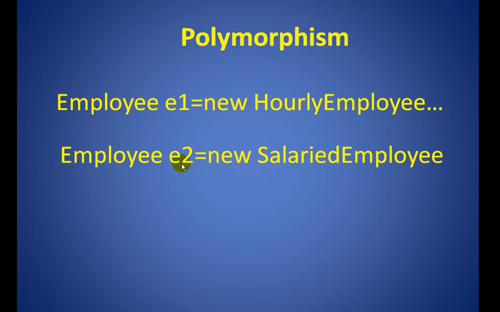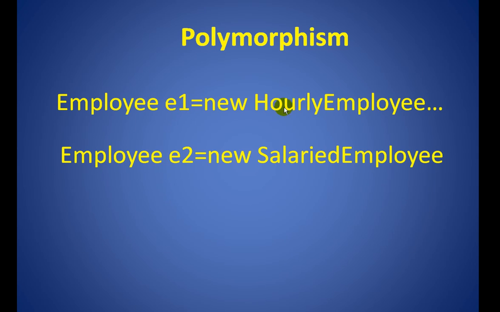And we have another object called e2, which is of type new salaried employee, but also we assign this e2 through the superclass employee. Now this is correct because as we said before, every hourly employee is still an employee and every salaried employee is still also an employee.